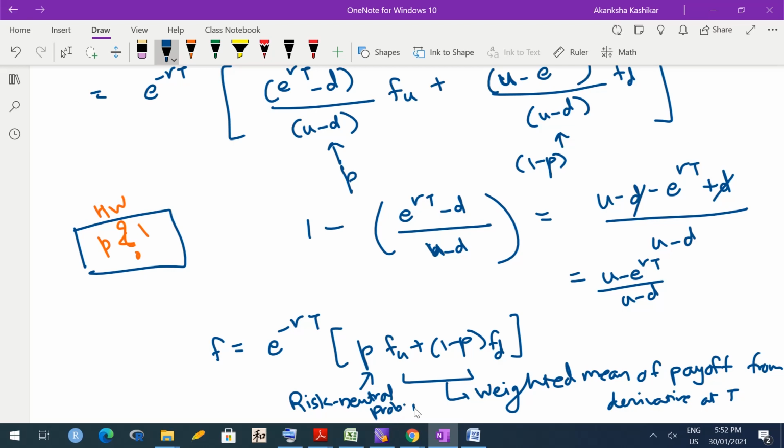So p, 1 minus p is known as the risk neutral probability measure, and p is the probability of the stock going up under the risk neutral scenario. This is very, very important. The real life probability of the stock going up and down does not come into picture. What comes into picture is the risk neutral probability.